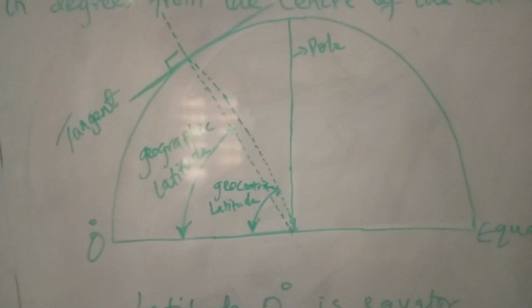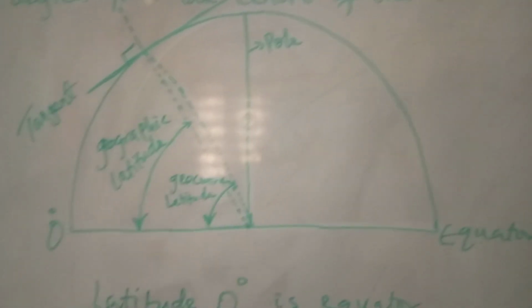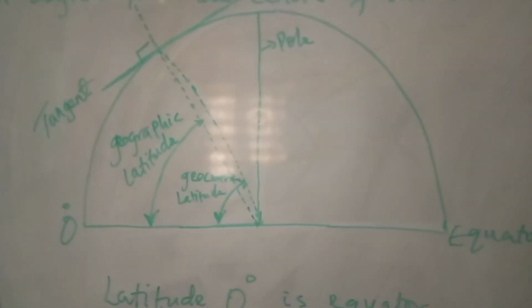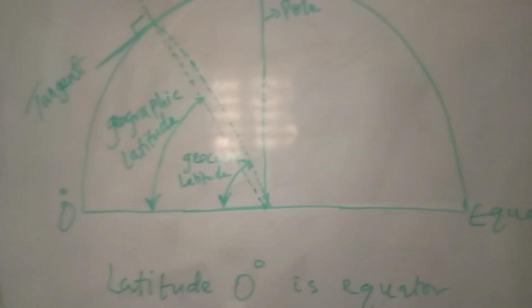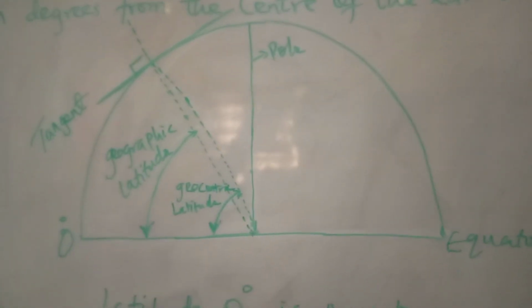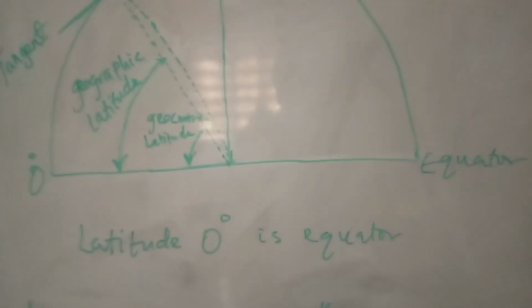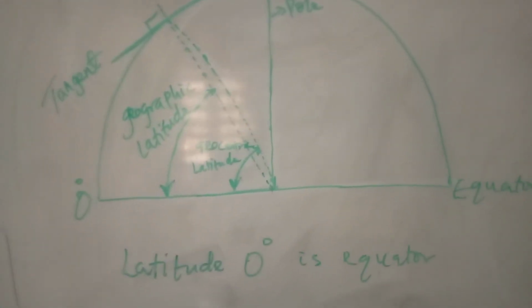But this is a semicircle because we are looking at the definition of latitude. So the equator divides the Earth into two, and that's why we can see it has divided this half of the Earth, which is the northern part. So latitude 0 degree is the equator, which divides the Earth into two.